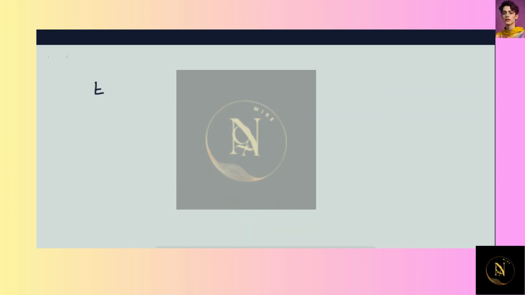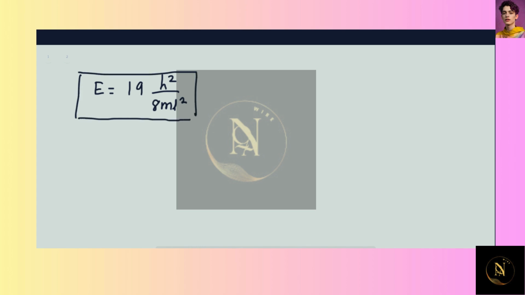So we have E is equal to 19 h squared over 8mL squared. So that is the lowest energy of the state for 5 electrons in this infinite potential well. Okay, thank you.